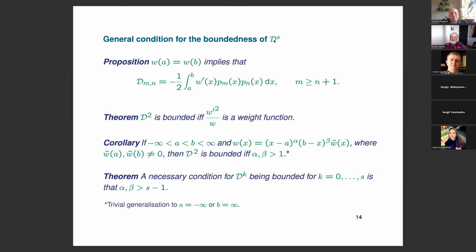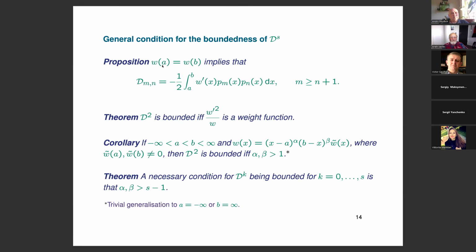And actually, we can somehow regulate the boundedness of powers of D. Remember, for sufficiently large s, we want D to the power s to blow up, but for lower powers, we want it to remain bounded so we can use it to model derivatives up to s minus 1, but not for s.